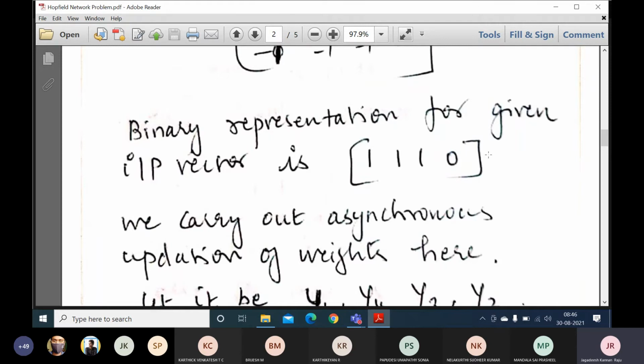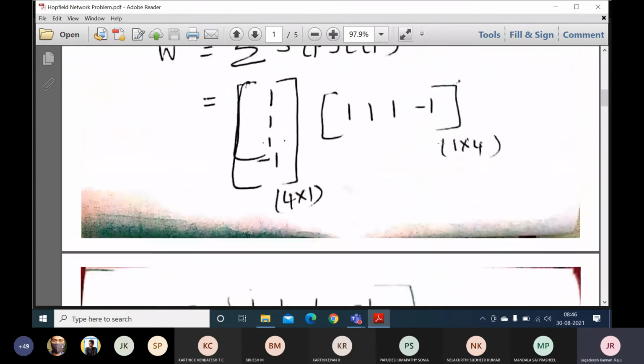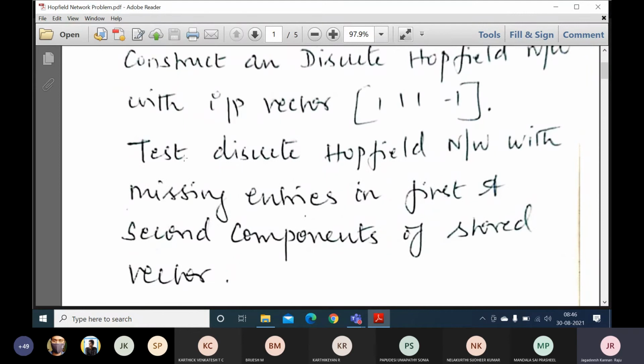Since I am going to carry out asynchronous updation, I do not follow the same order, but first I consider y1, next y4, next y3, next y2. Now the problem statement is to test the discrete Hopfield network with the missing entries in the first and the second component.